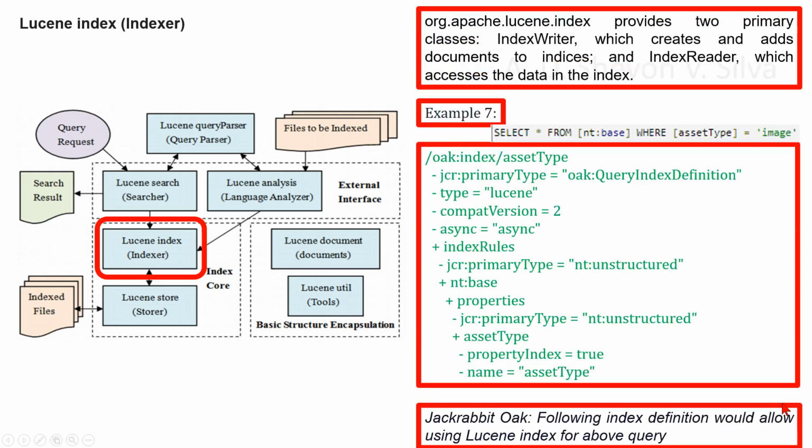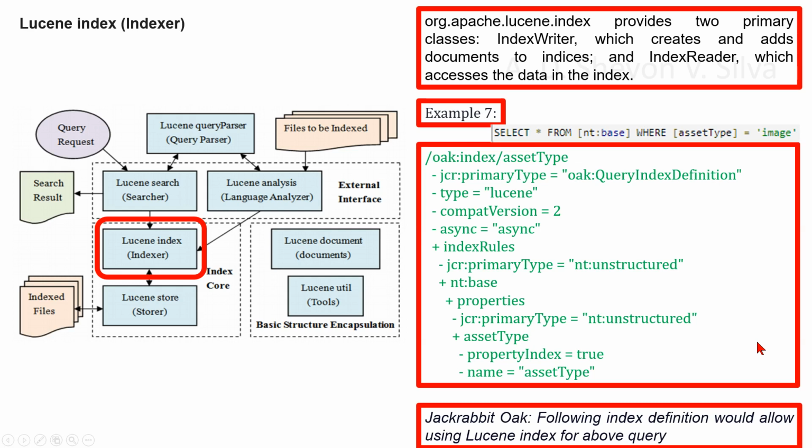As an example 7, we can consider this one. This is from Oak documentation. The following index definition would allow using the Lucene index for this query. Oak supports Lucene-based indices to support both property constraints and full-text constraints.